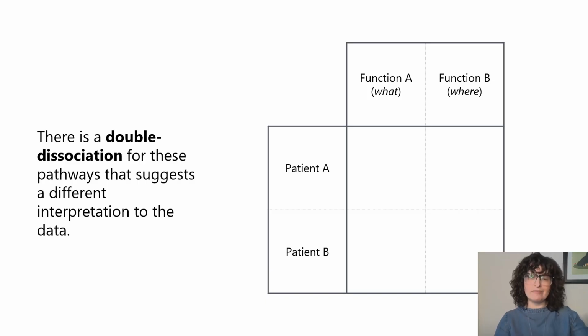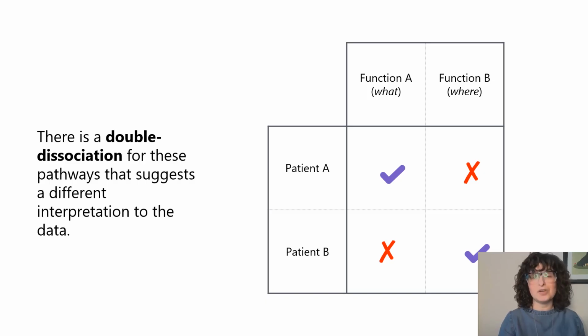So we would have a patient group that would have normal functioning of the what pathway but maybe compromised functioning of the where pathway. And then a double dissociation would be another group of patients that would have compromised what pathway function, but still normal where pathway function.